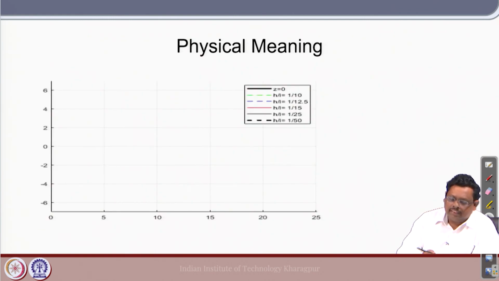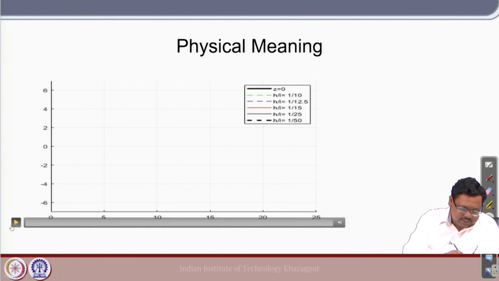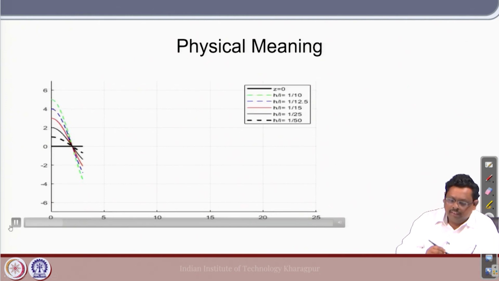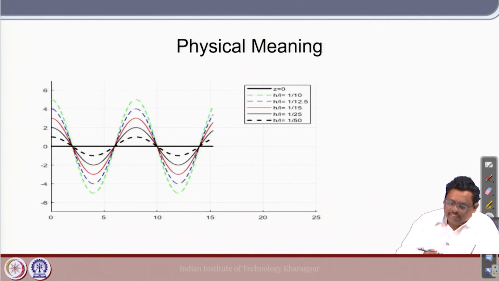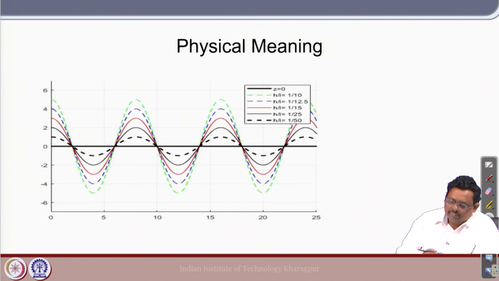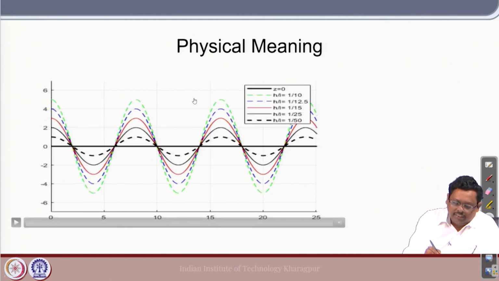Now, let us try to understand the meaning of this linearity. Here you can see a wave elevation with various H by L, that is, the height divided by lambda, the length from here to here.